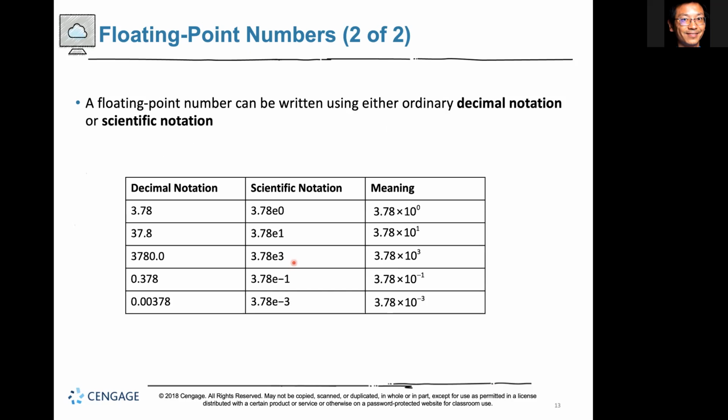So a floating point number can be written using decimal notation or scientific notation, which you're familiar with from your math. Now, in the representation in this program, you have this character E that separates the mantissa and the exponent, right? So the exponent is the number to the right-hand side of the letter E.